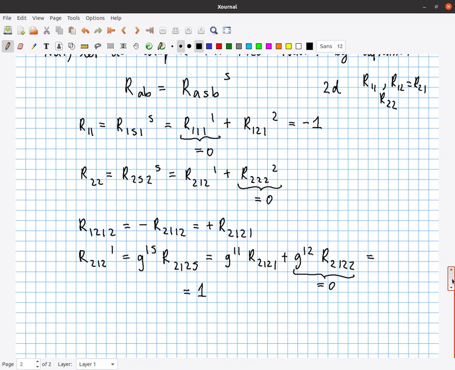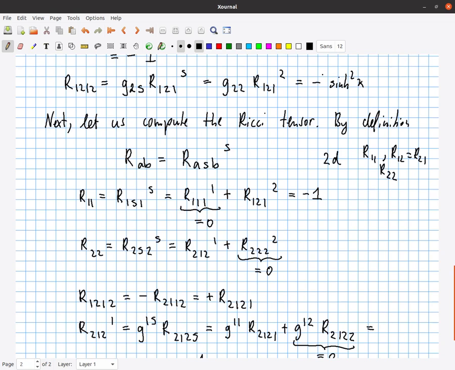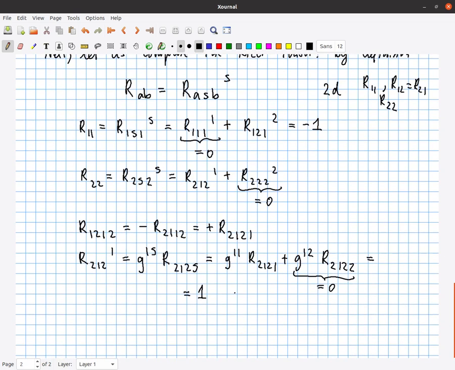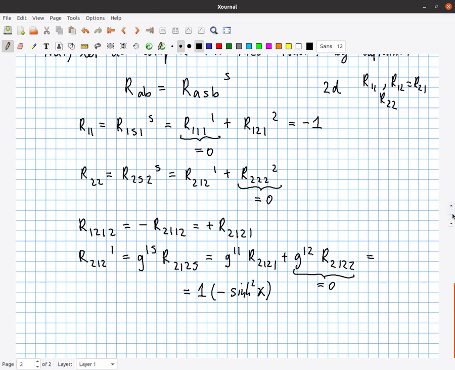That means this is minus sinh squared kappa. Minus sinh squared kappa, which are our two non-vanishing components.